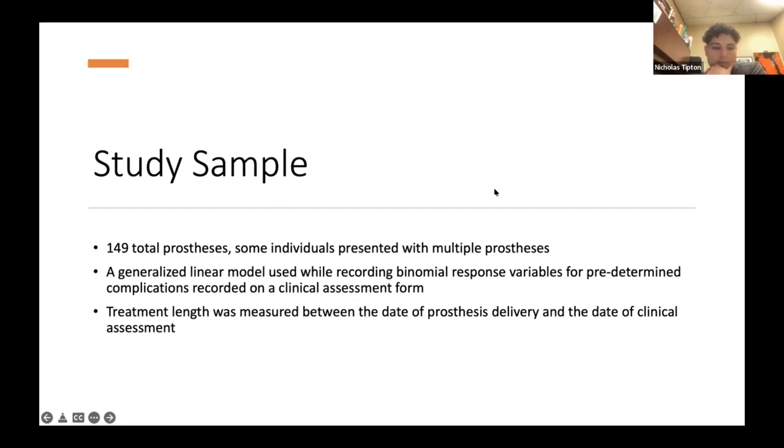Some patients had multiple that we looked at on the same clinical assessment day. We used the generalized linear effects model while recording binomial responses based on complications: yes, did they have them, no, if they did not. The treatment length was measured based on the number of days between delivery of the prosthesis and the time of the assessment.